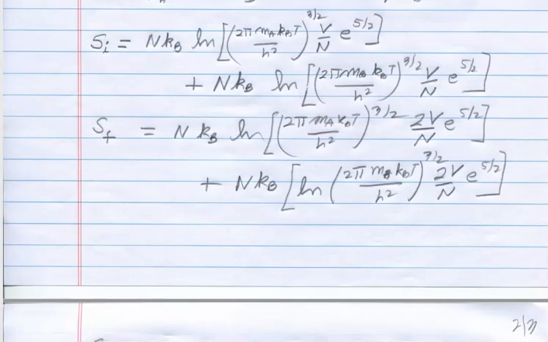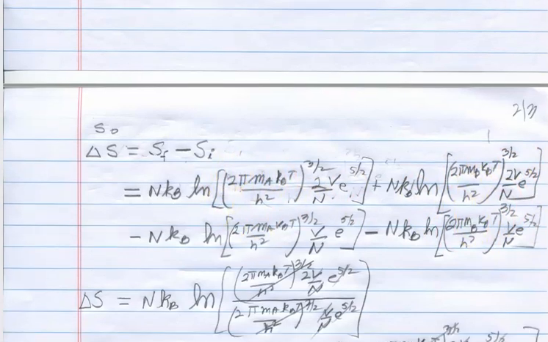And then I just take the difference of those two, the final minus the initial. I write it in this form, and then I group these two together. They have the same factor N kB out front, and I've got the logarithm of a difference, so I can simply divide this argument by this one for the first term, and the second term is similar. I group the two with the masses the same so that I get cancellation.